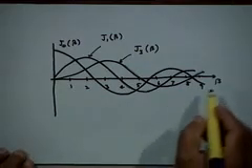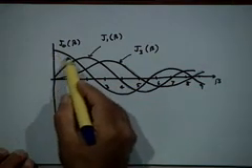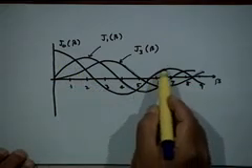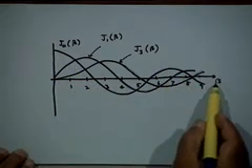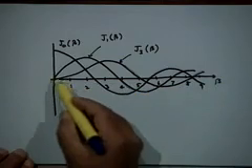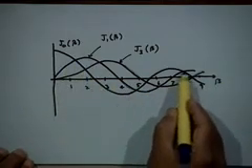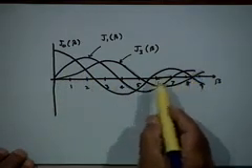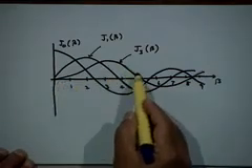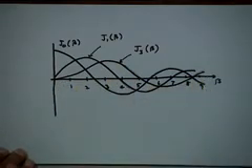I have plotted here J0 beta as a function of beta, J1 beta as a function of beta, J3 beta as a function of beta, and similarly you can plot more.